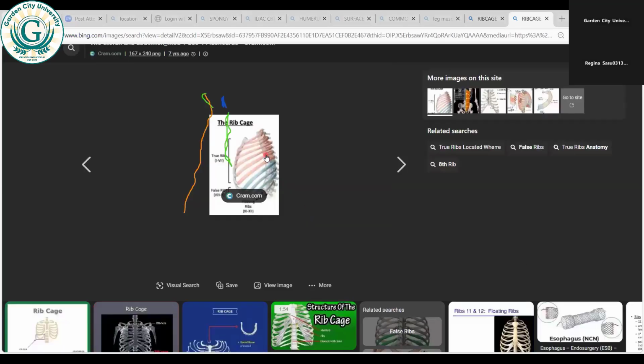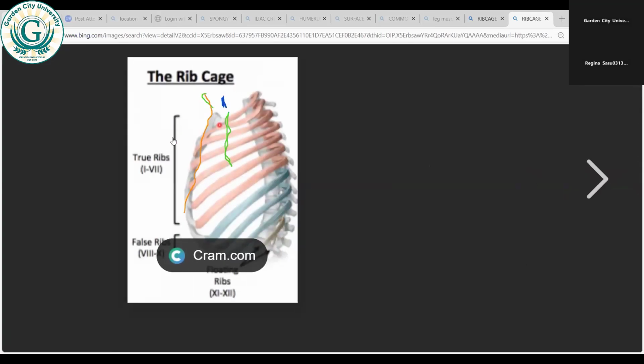Yeah, please, I want to ask. When the joint is not moving, that means it's a primary joint? Or it's just applied to the rib cage? No, when I say primary cartilaginous joint, that means that in the joint there's a cartilage. Primary and secondary are types of cartilaginous joints.